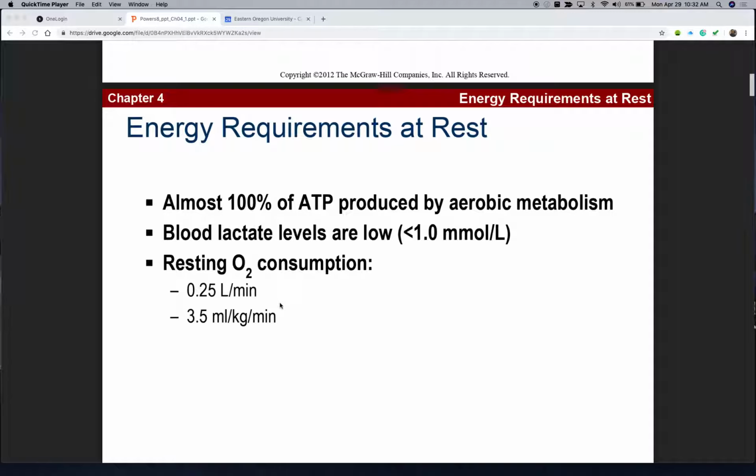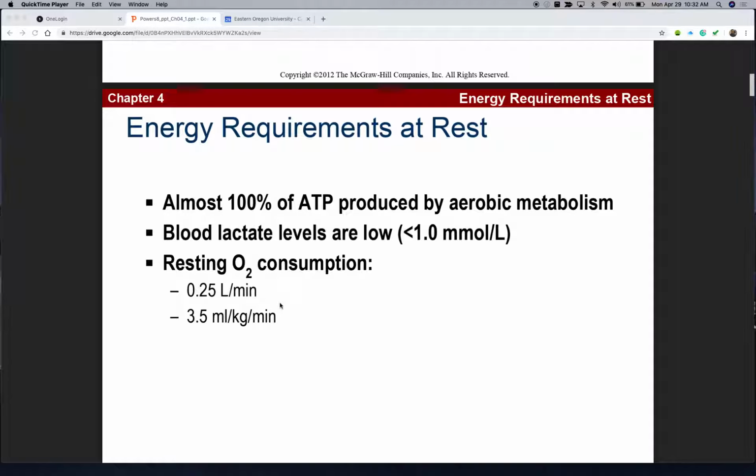Like, between two individuals, weight, size, body mass, right? So it's better to express it in terms of mils per kg per minute, okay? And I don't want to gloss over this because you're going to have to do calculations using these types of things.